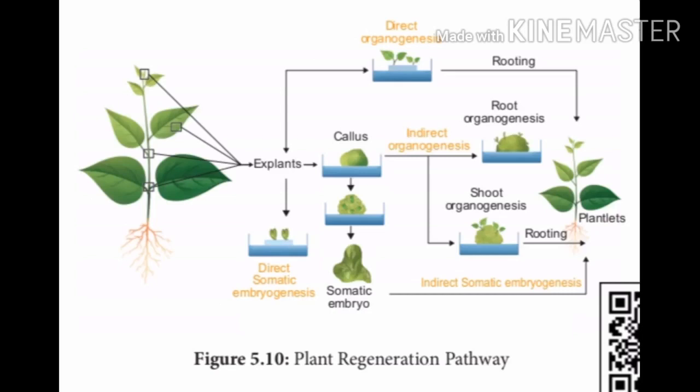The calyx is allowed to grow as a somatic embryo, and from there the process goes on. And you can also find root organogenesis and shoot organogenesis. Can you tell me what is the name for that? Rhizogenesis and caulogenesis, where the entire plant is formed and it turns into a plantlet and is allowed to grow in the hardening process and results in the formation of the plant.